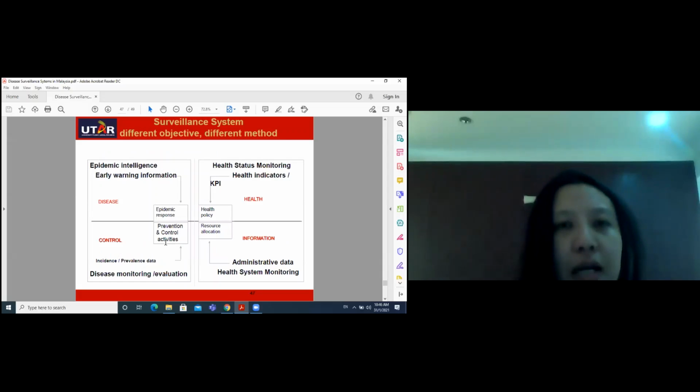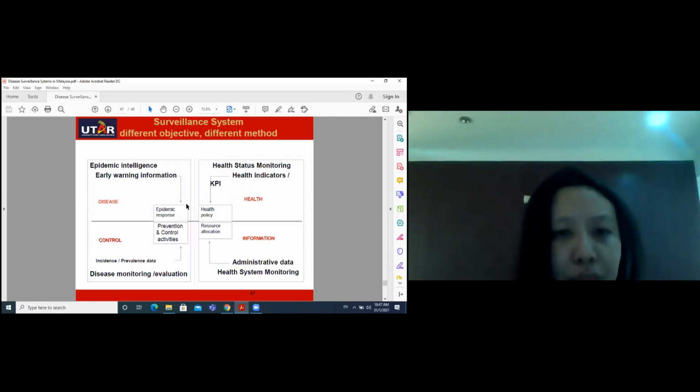So these are the objectives, and the overall information about these surveillance systems here. Based on the disease, for any new emerging diseases, we use event-based surveillance and the early warning information system. Of course, in the Ministry of Health Malaysia, we have our own health status monitoring, or health indicators.